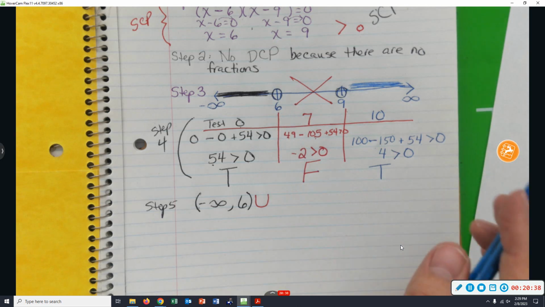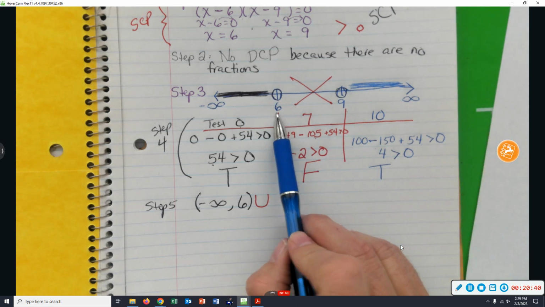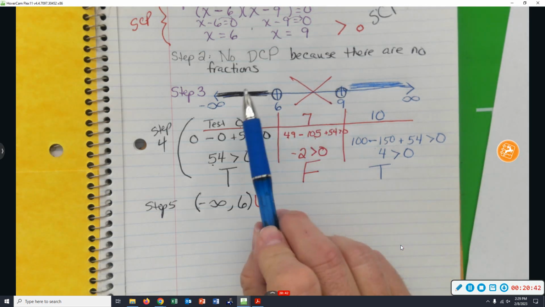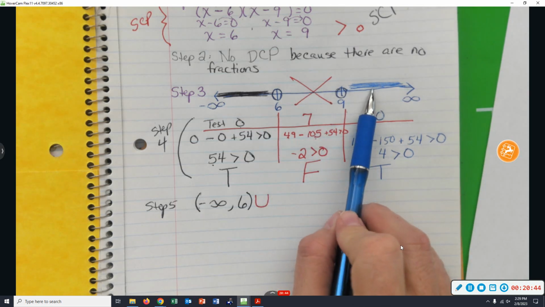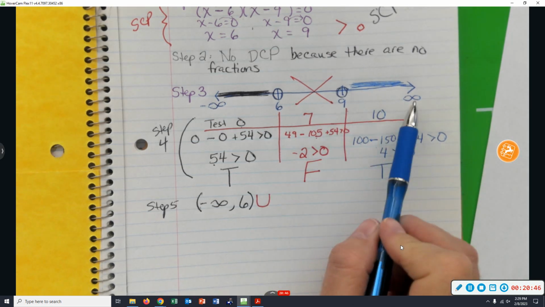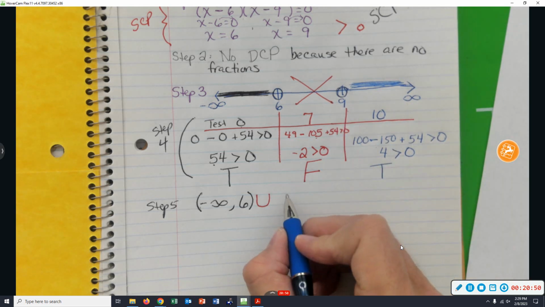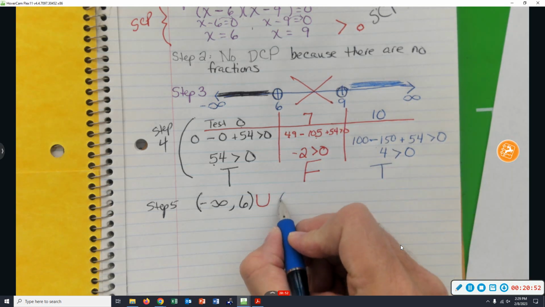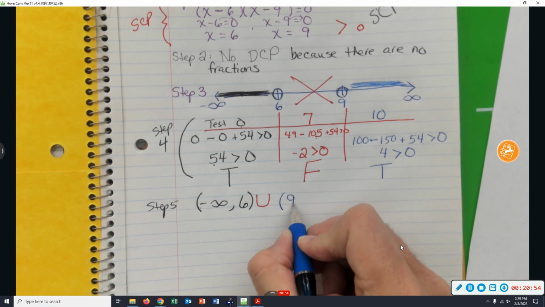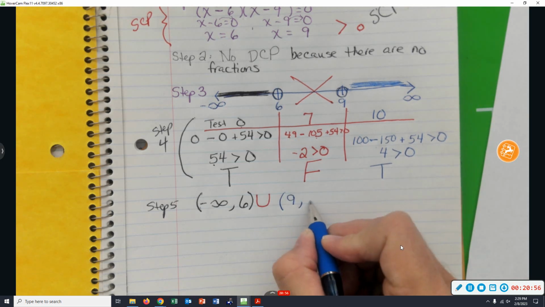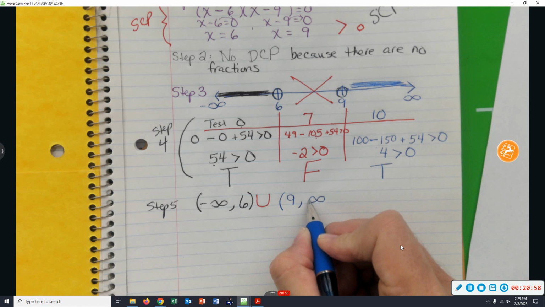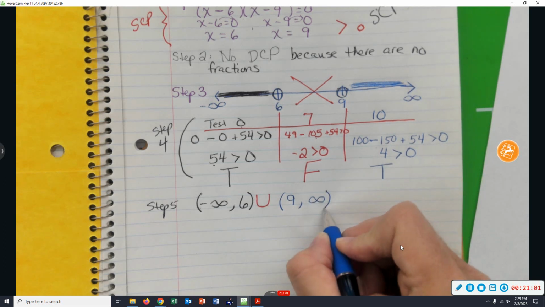Now, what's the next interval? Well, don't use 6 to 9. You're using the shaded intervals. So how do I type this next interval? What's the first thing I do? Before I write a 9, what do I write? Parentheses 9, comma, infinity, parentheses.